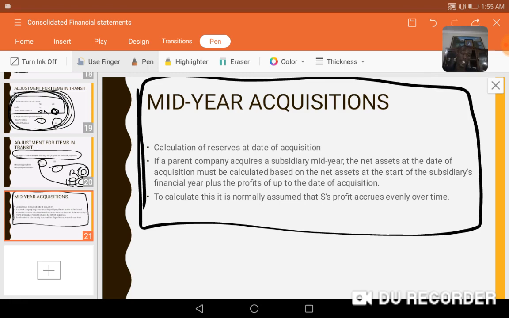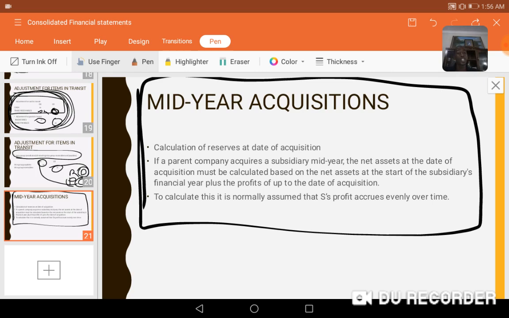they will buy each other at the beginning of the year, and it's less likely that those companies' financial years will be the same. Some companies' financial year ends in March, some in June, some in September, some in December.